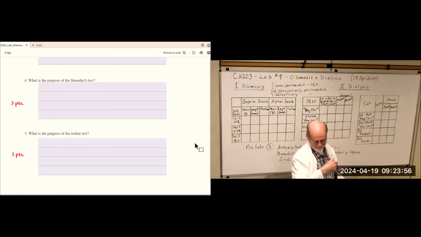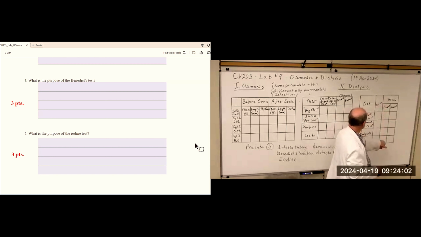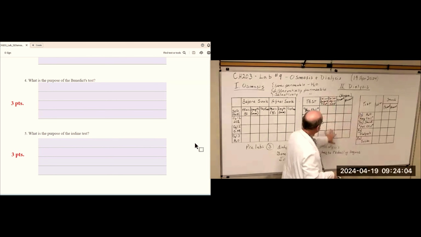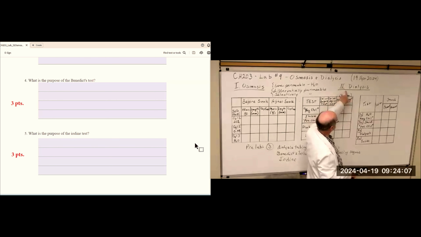That's what these tables are for. This is going to be the iodine test. This is going to be the Benedict's test for our dialysis part of the experiment. And then over here, the osmosis test, we're just going to measure the physical characteristics of a potato core.